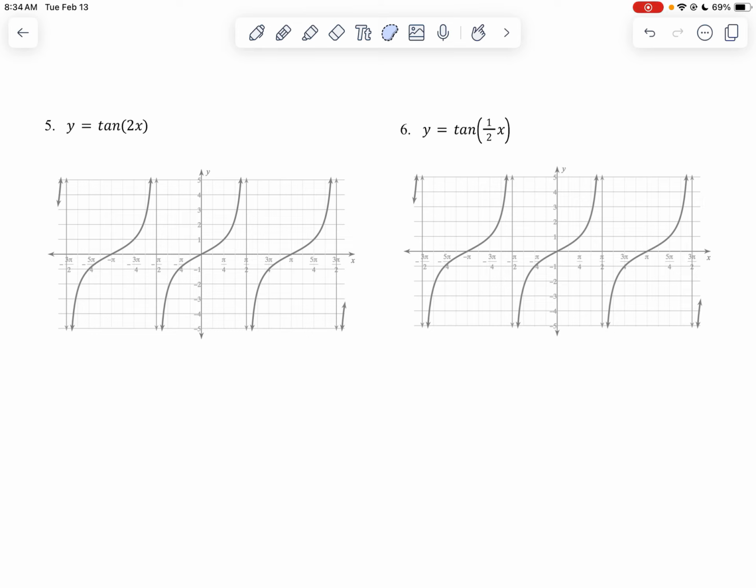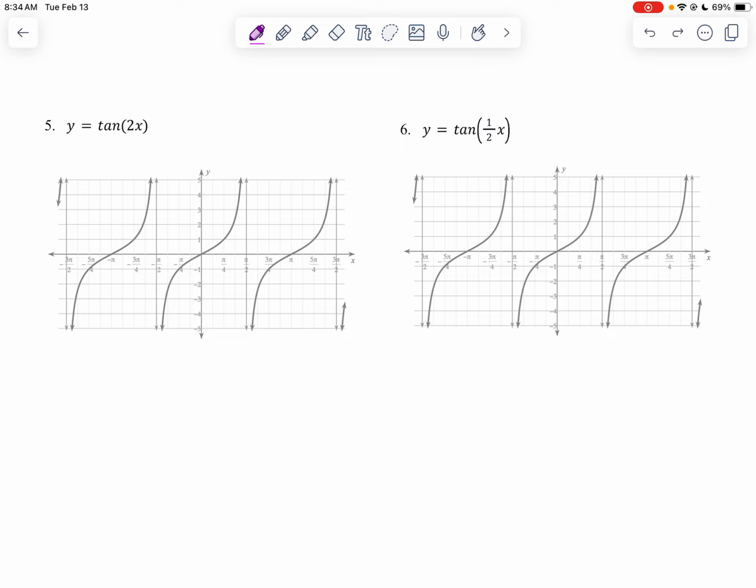As you can see with 5 and 6, my number is not out in the front. My number is directly associated as a multiplier to the x value. So when I have a number that's directly being multiplied to the x value, to my angle, that tells me I need to shrink or stretch my graph horizontally rather than vertically.